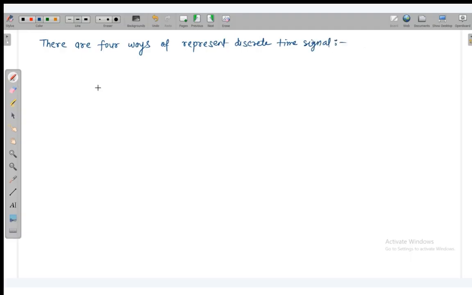Okay, there are 4 different ways to represent the discrete time signal. First is called graphical method. Continuous time signals are represented in only one way, so it is called graphical representation. Second one is the functional representation.